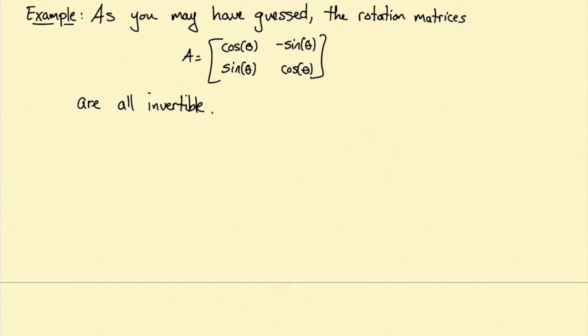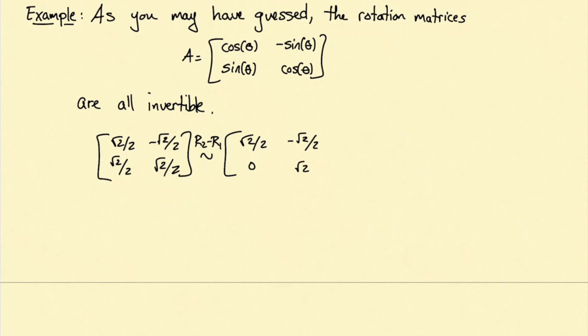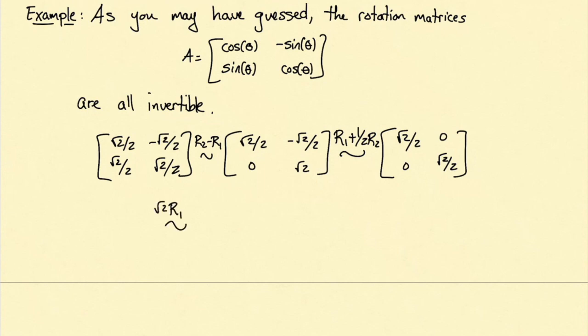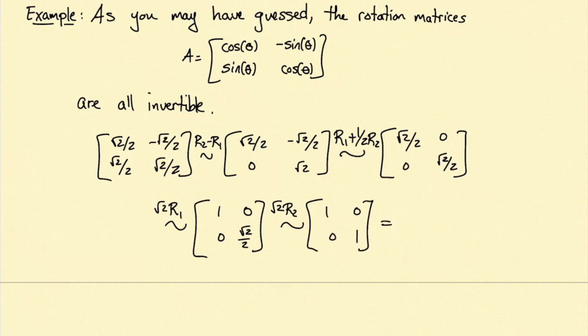So we explicitly determine the row equivalence between A and the 2 by 2 identity matrix for theta equals pi over 4 using the following operations. First, we subtract row 1 from row 2. Then we add 1/2 of row 2 to row 1. Then we scale row 1 by root 2 and scale row 2 by root 2.